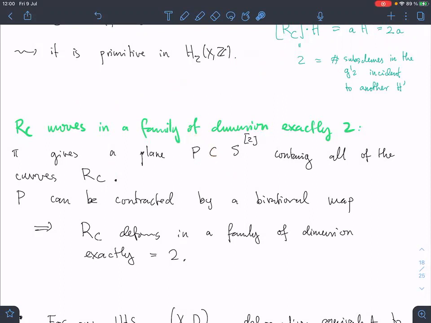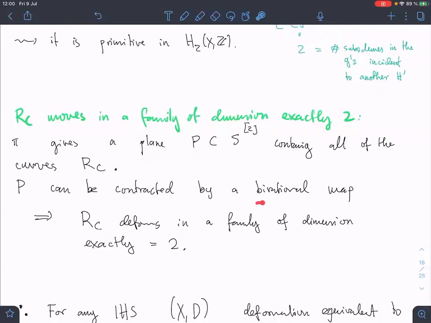But this plane is very special. The normal bundle of this plane is isomorphic to the cotangent bundle of P2, which is very negative, so it can actually be contracted by a birational map.